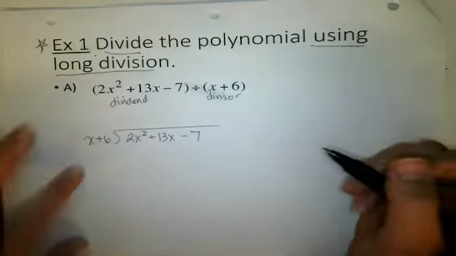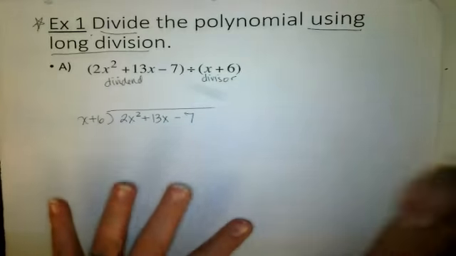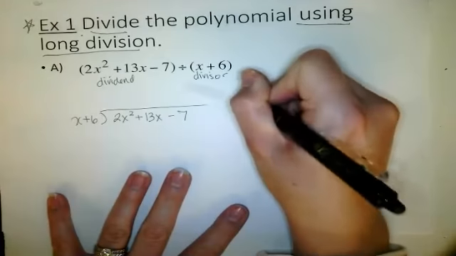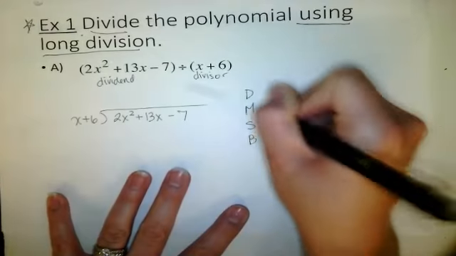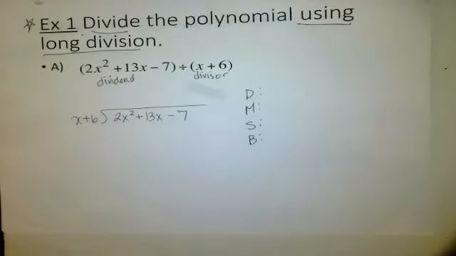Now, the process is the same. So for your notes, ladies and gentlemen, I want you to write down divide, multiply, subtract, bring down. This is the algorithm for this process, and it's really important that you don't skip any steps. We make sign mistakes because it's really irritating when you make a sign mistake.